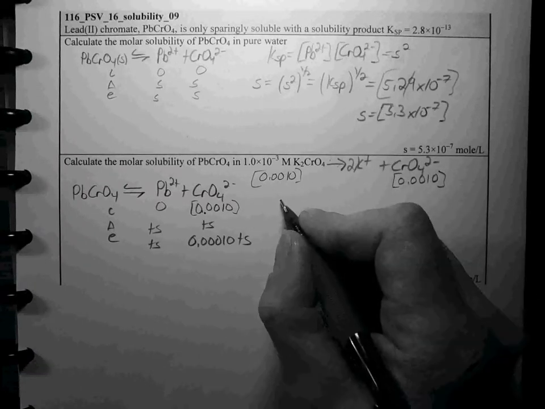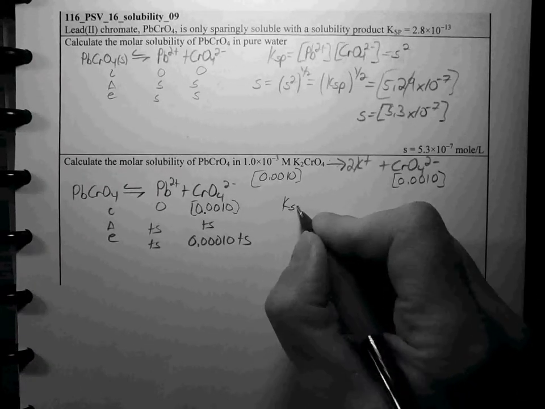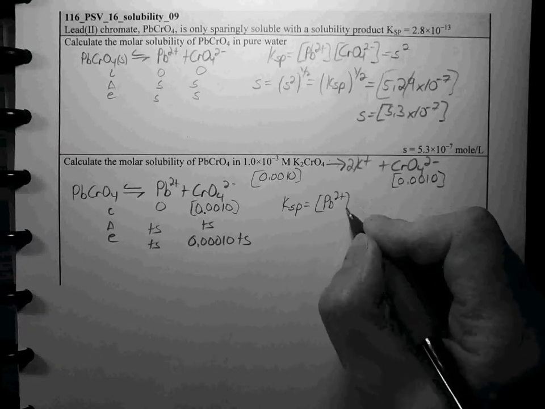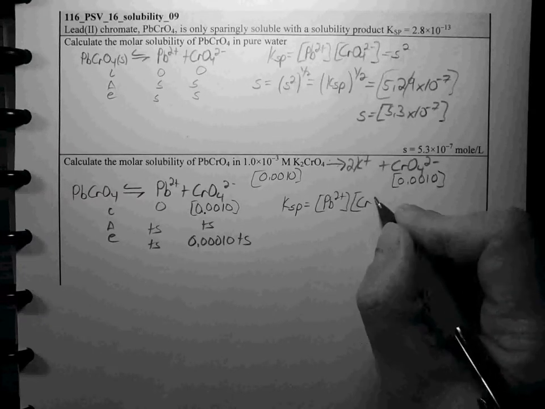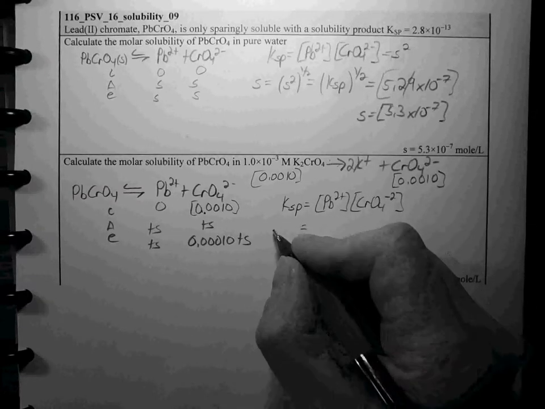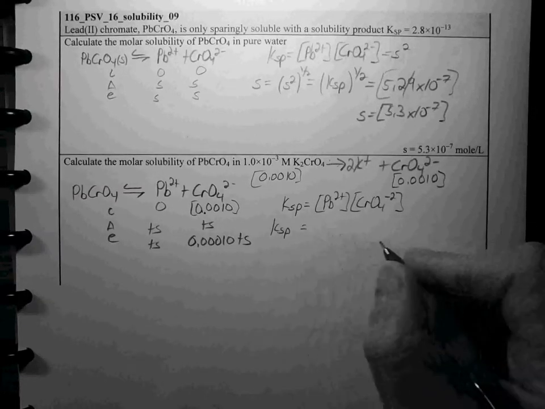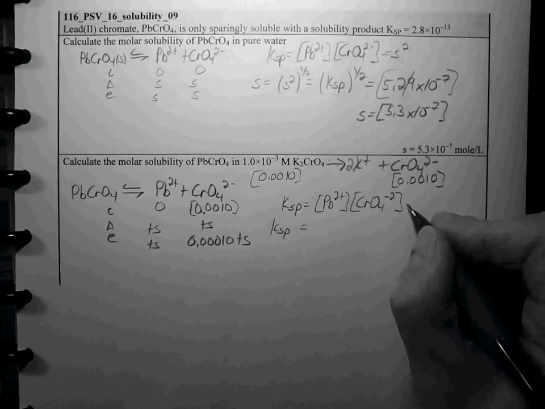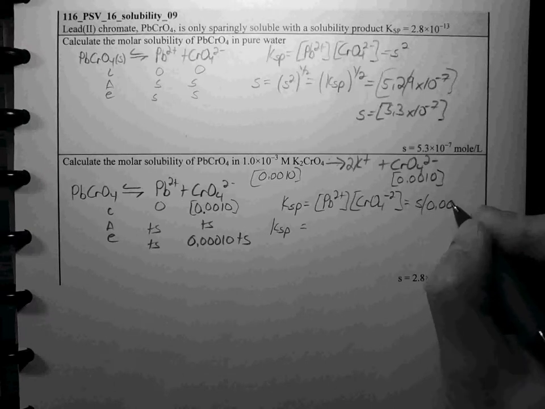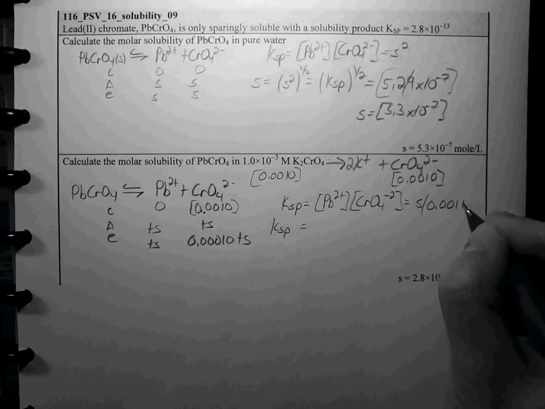Alright, so we can put this now in our Ksp expression. And the Ksp is equal to S times 0.001 plus S.